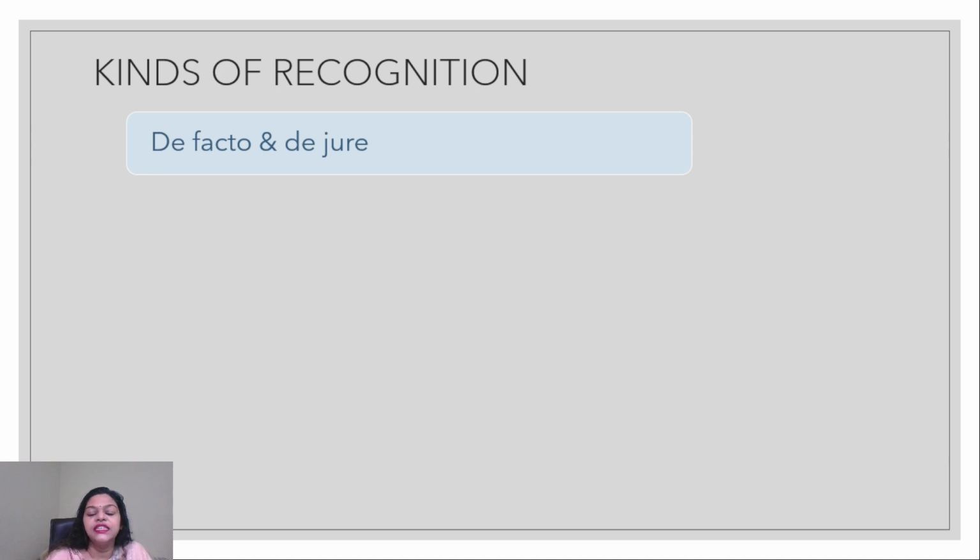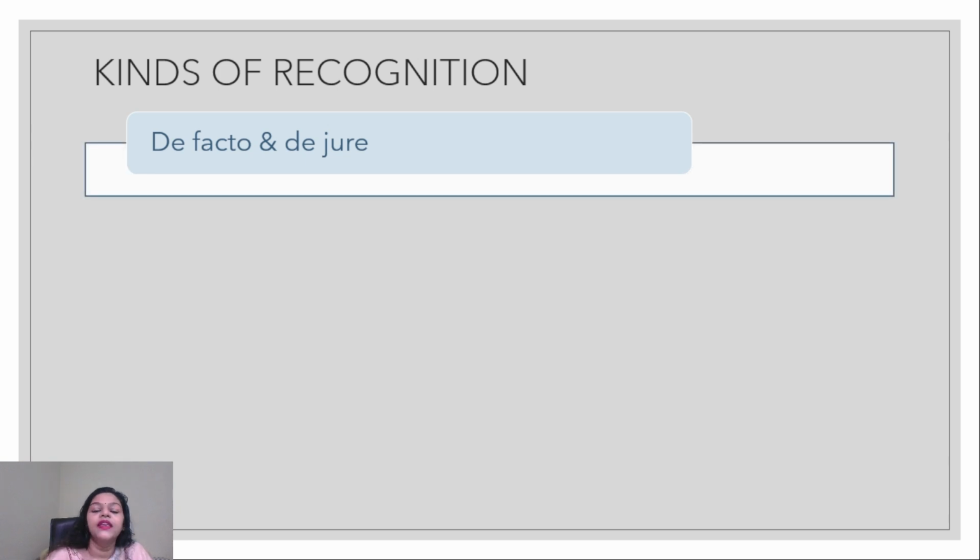And de jure is in law. So jure is law. So in law, that is the 4 conditions that we discussed in Article 1 of the Montevideo Convention, all those 4 conditions have been met. So in the eyes of international law, the state is a state. State in fact and state in law.